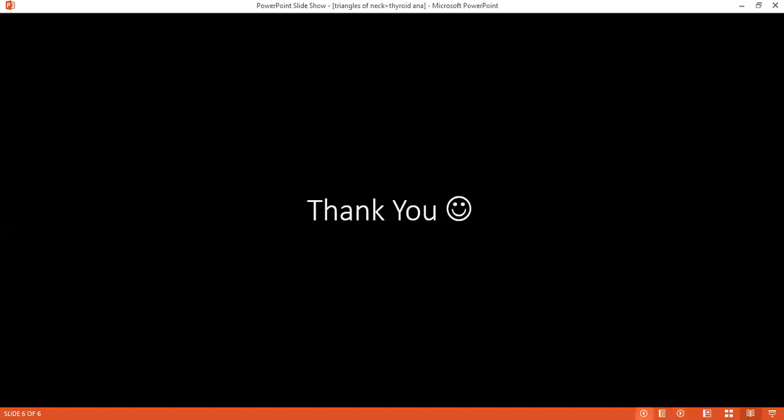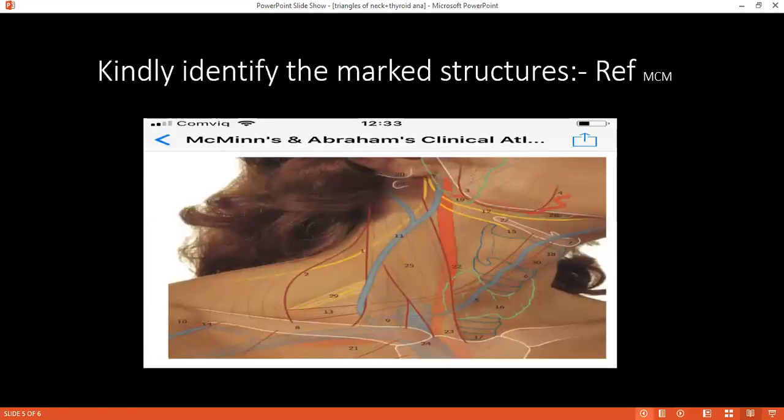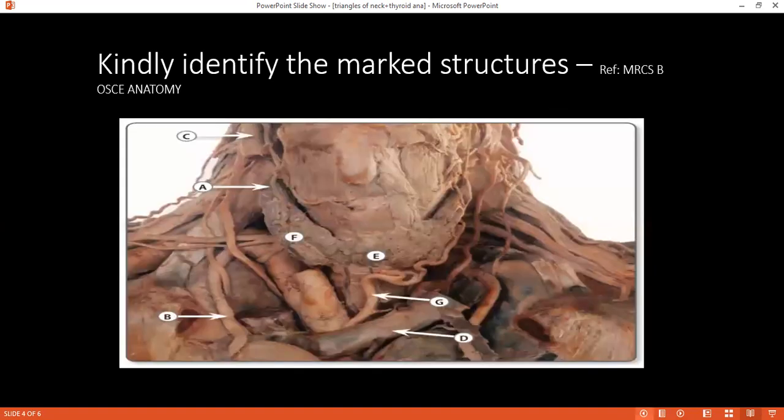So if you can tell me about the parotid gland, what structures pass through the parotid gland from superficial to deep? External carotid artery, which branches into the maxillary artery and superficial temporal artery.